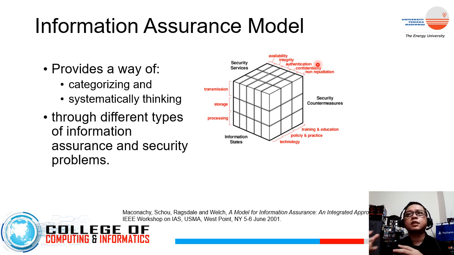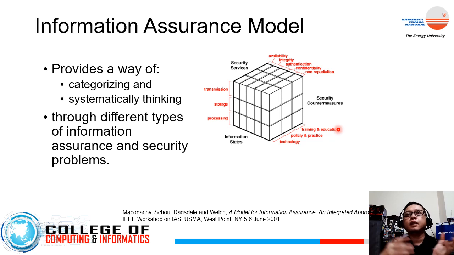And also the security measures. Security measures include the technology, the policy and practice, and also the training and education of the people involved. Training can mean training the users who are using the information, and also training the people who protect that information.